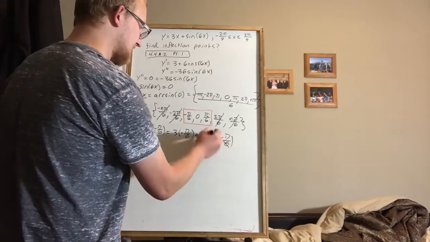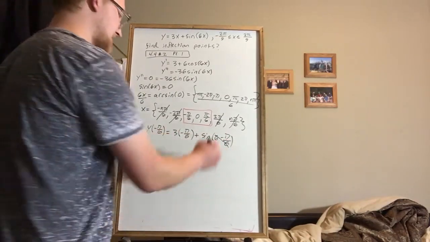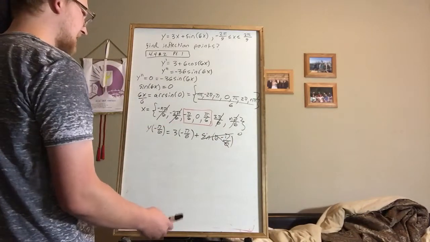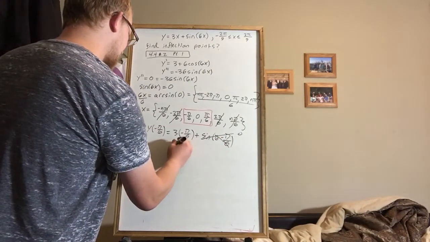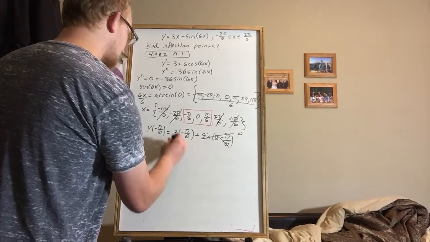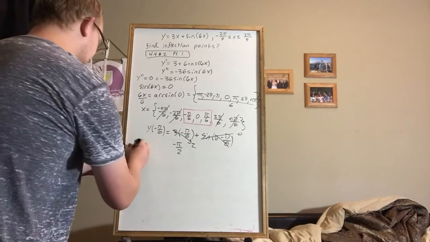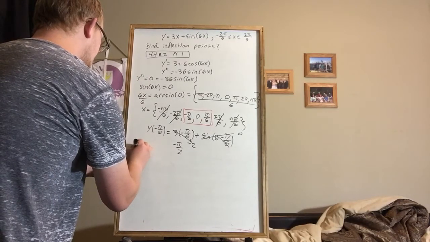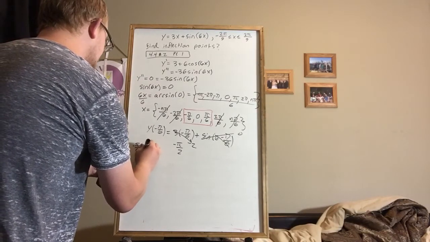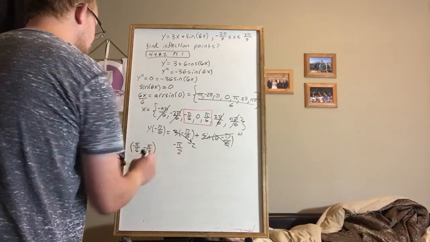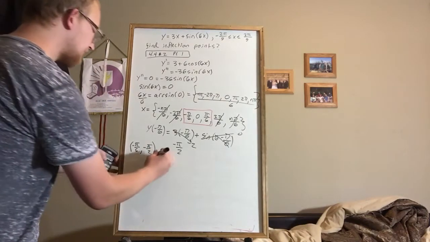So the 6 and the 6 cancel. Sine of minus pi is 0, so that goes to 0. And 3 times negative pi sixths is negative pi halves, right? Because the 3 and the 6 cancel to a 2. So our first ordered pair for an inflection point is when x equals negative pi sixths and y equals negative pi halves. There's our first inflection point.